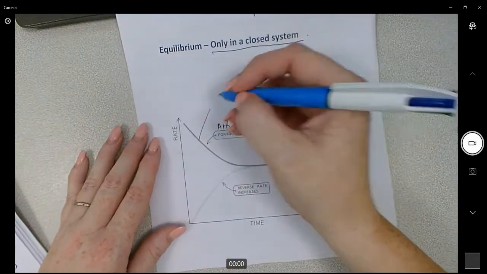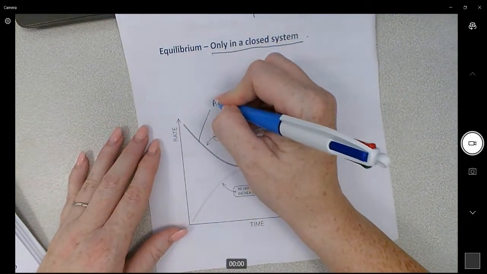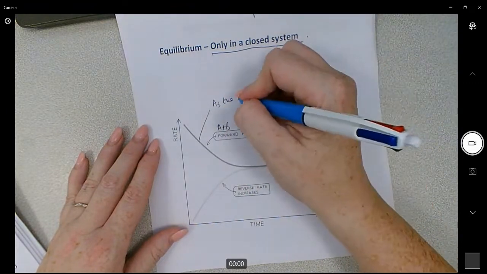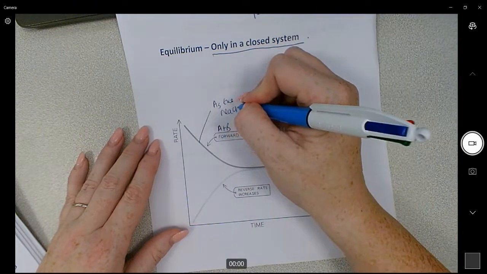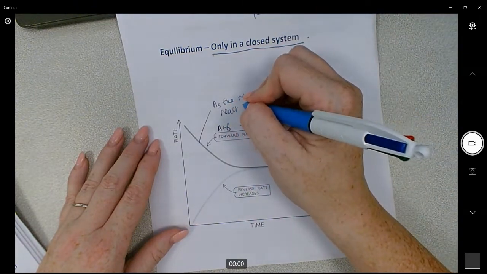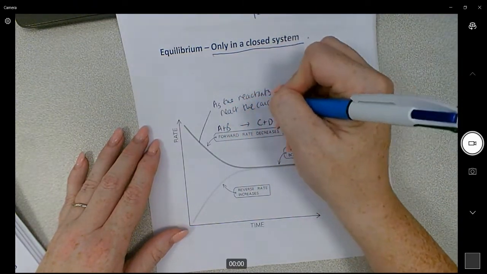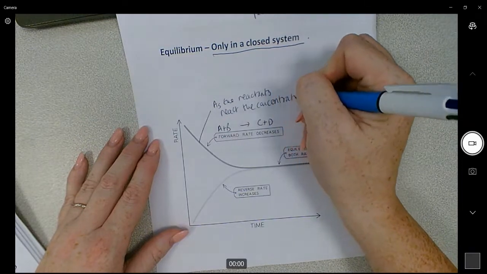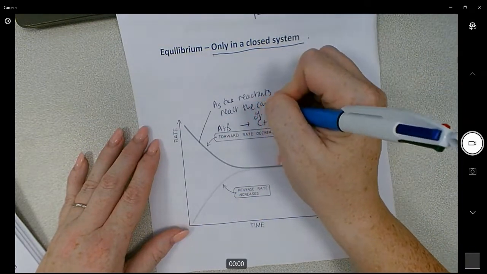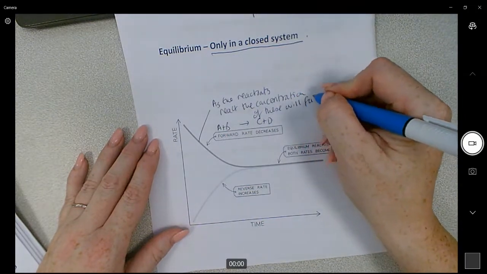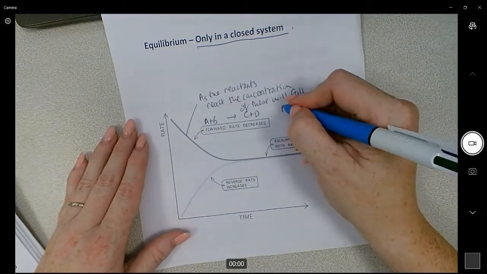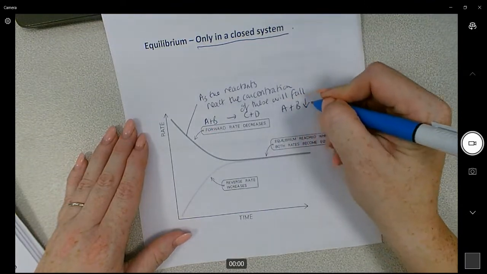So this is going to be showing that as the reactants react together, the concentration of these will begin to fall. Okay, so A plus B starts to go down.